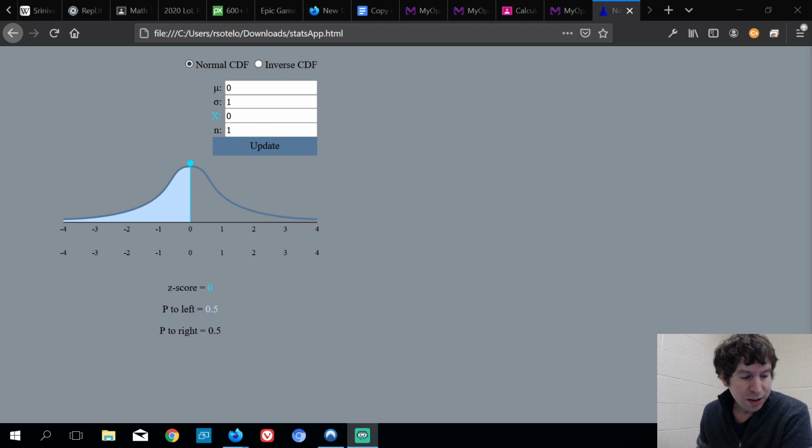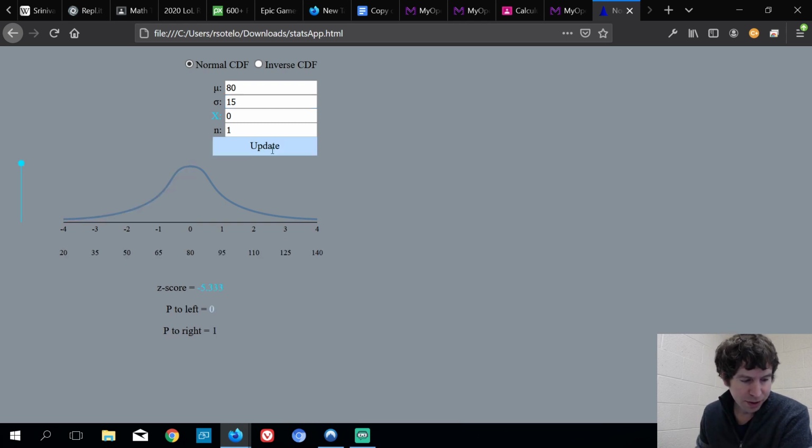What you need to describe a population like this is a mean. Let's say the mean is 80 something; I don't know what units we're using. And then a standard deviation, maybe 15. The center of the distribution is at 80, right in the middle.